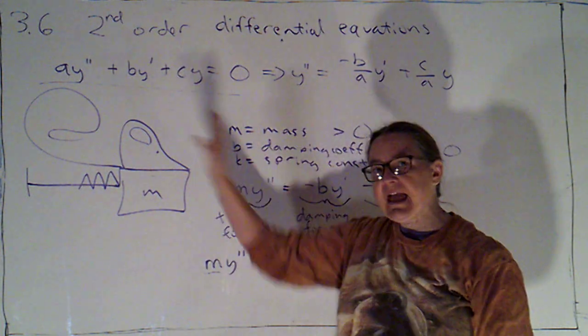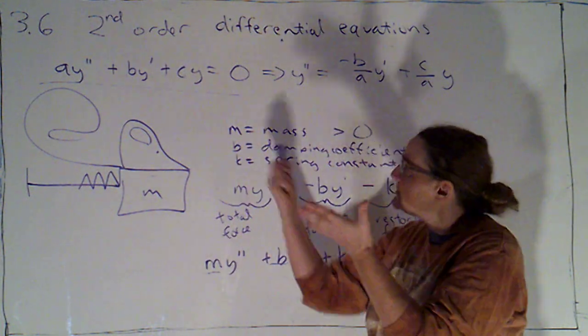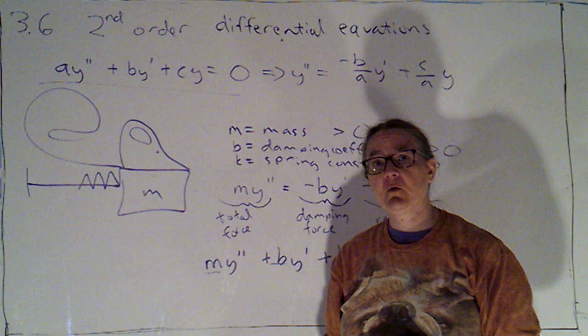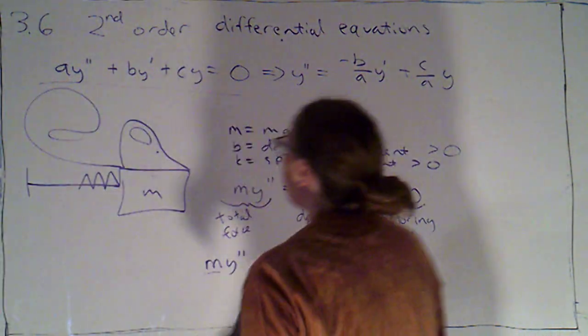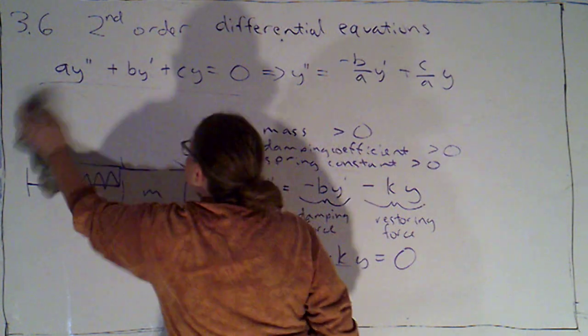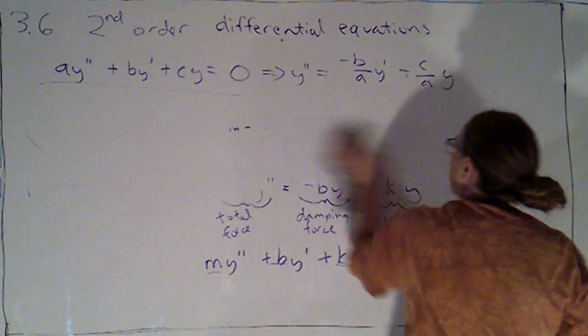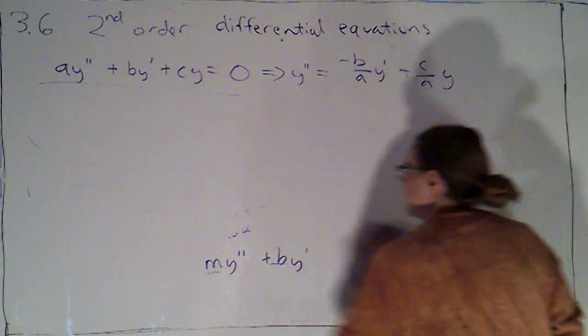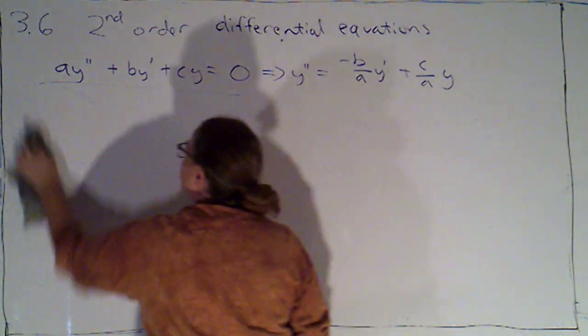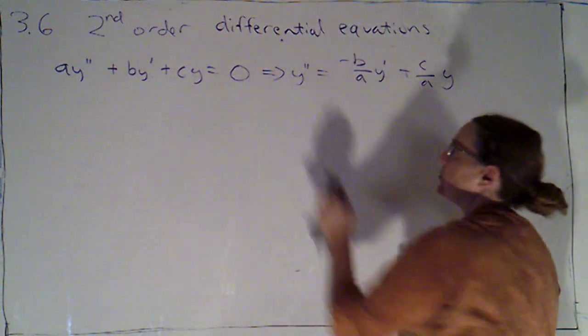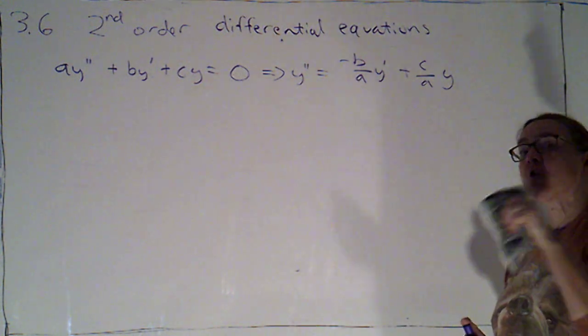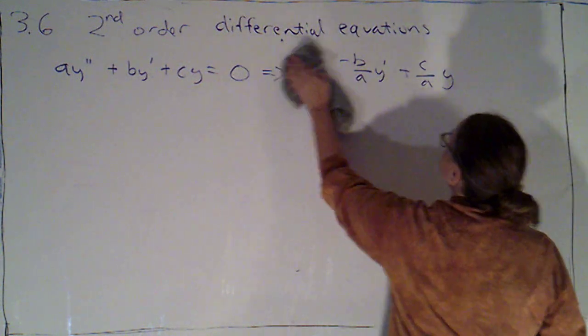If we have any negative numbers in there, then it's still one of these second order differential equations. It just won't correspond to the harmonic oscillator. Okay, so what I want to do is compare a differential equation that's second order like this to its corresponding system.